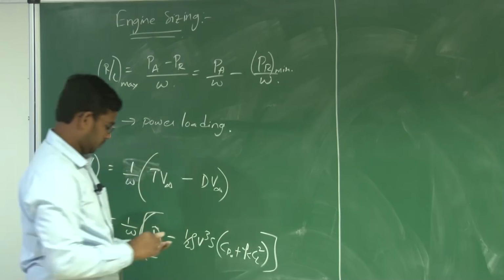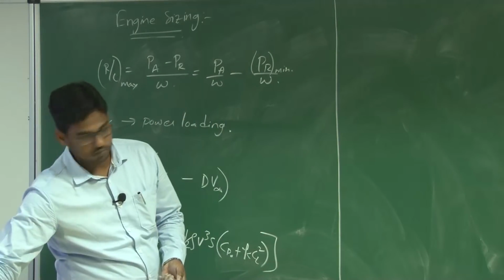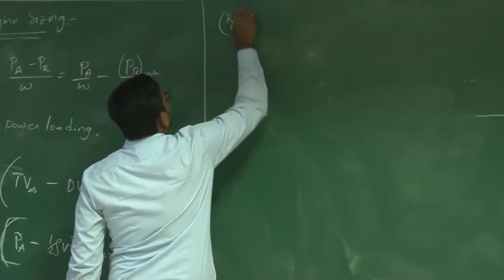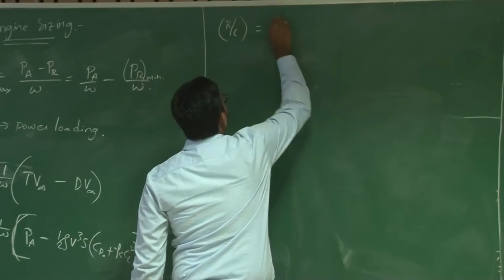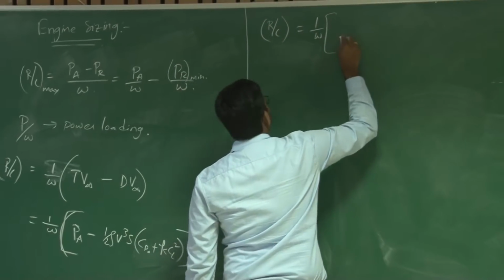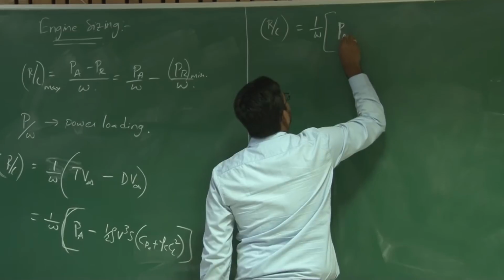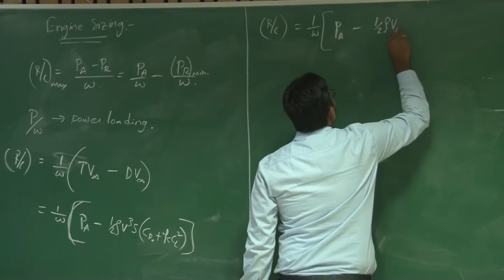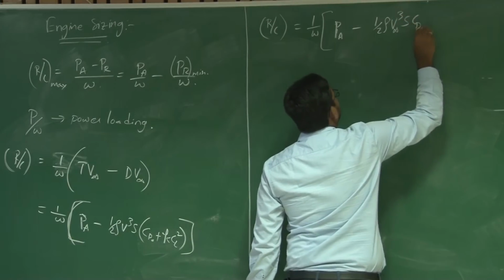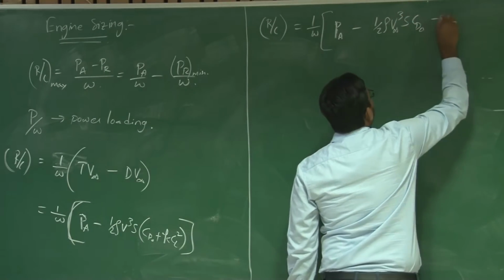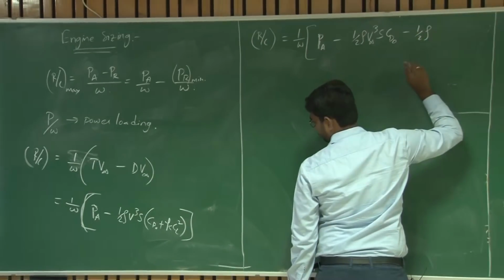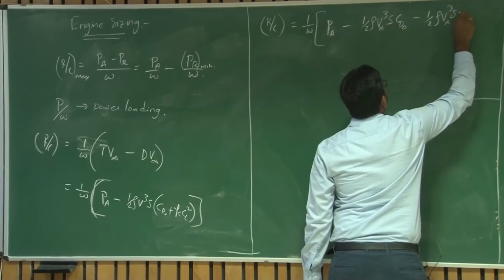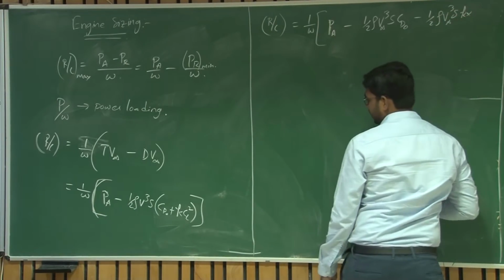So rate of climb is equal to 1 by W into power available minus half rho V infinity cube S into CD naught minus half rho V infinity cube S into K into CL square.